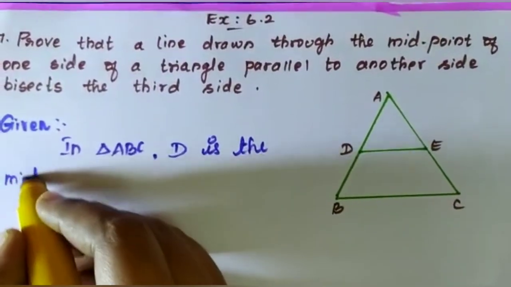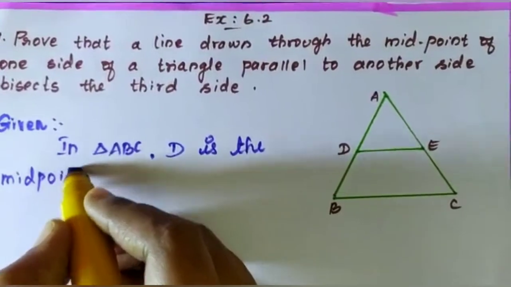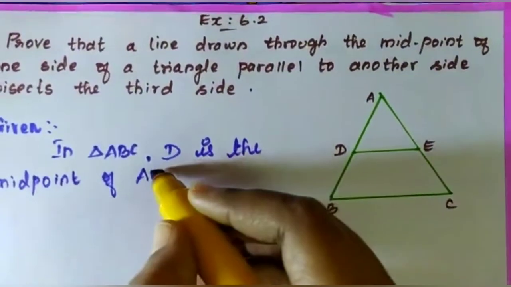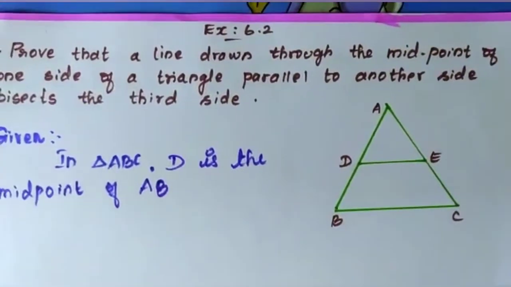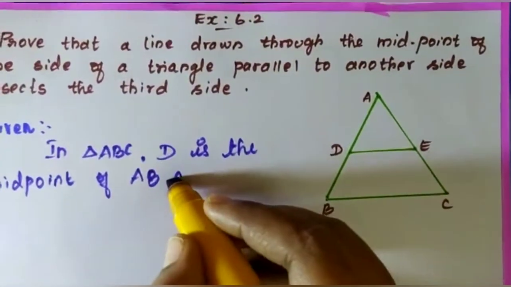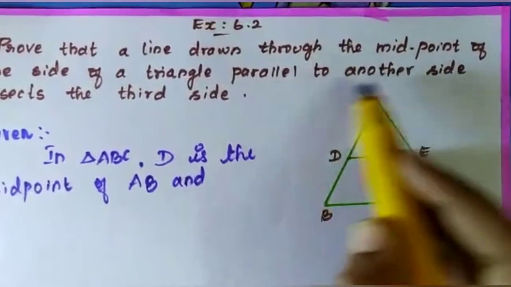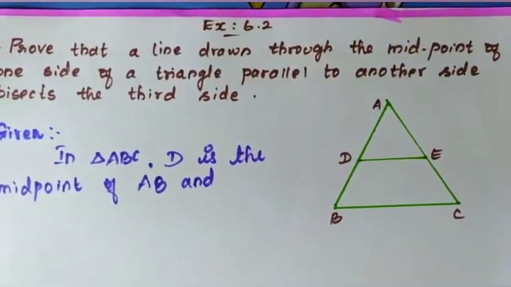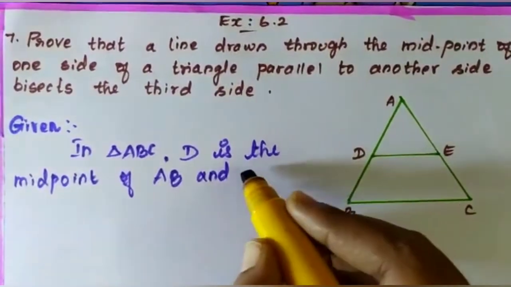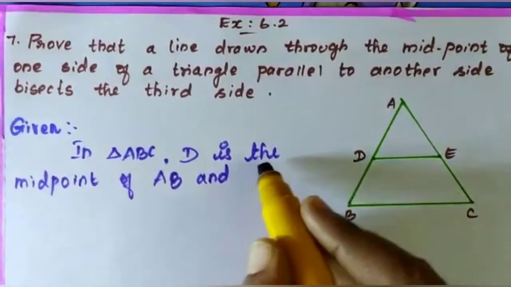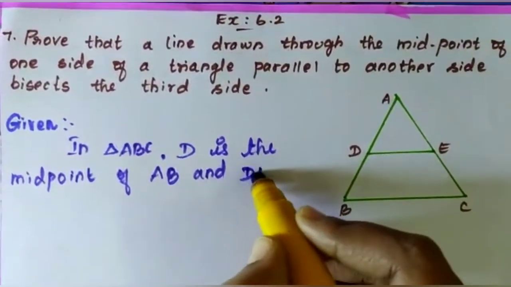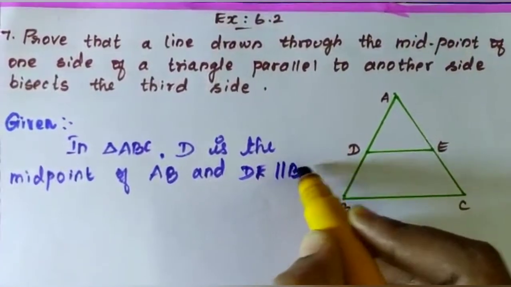And it is parallel to another side, the other side is BC. DE is parallel to BC.